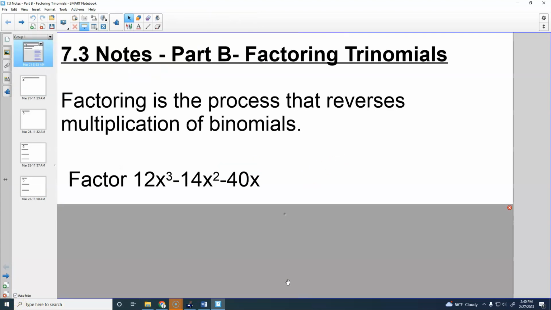Factoring trinomials. And I already told you guys that sometimes factoring is a part kids have trouble with. So teachers have come up with a million different ways to factor. GCF, which we just did, is not optional. You have to do it. There's pretty much only one way to do GCF.